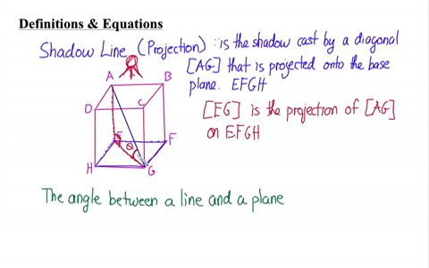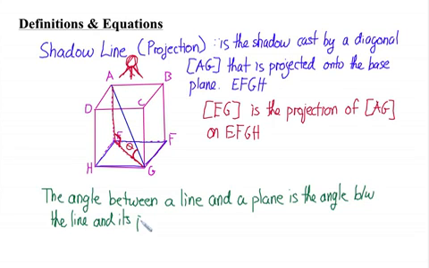And this brings me to the next topic that we're going to cover in this section, which is that the angle between a line and a plane is the angle between the line and its projection on that plane.